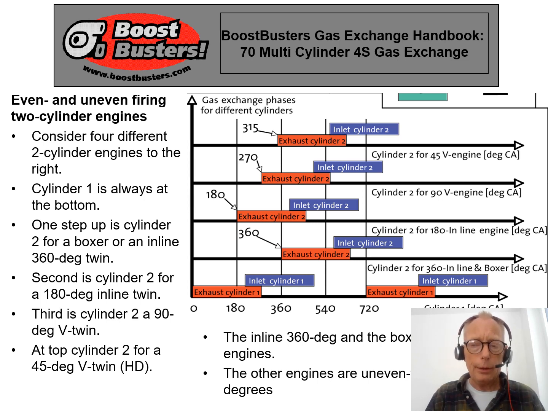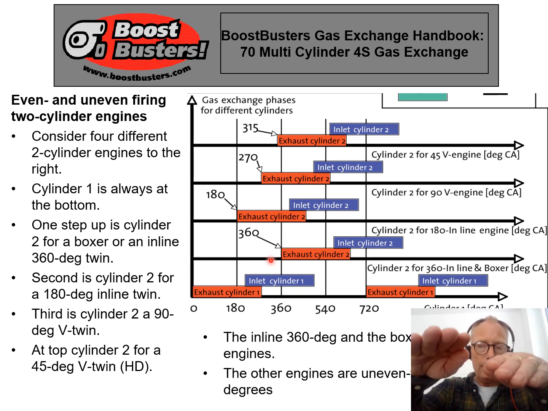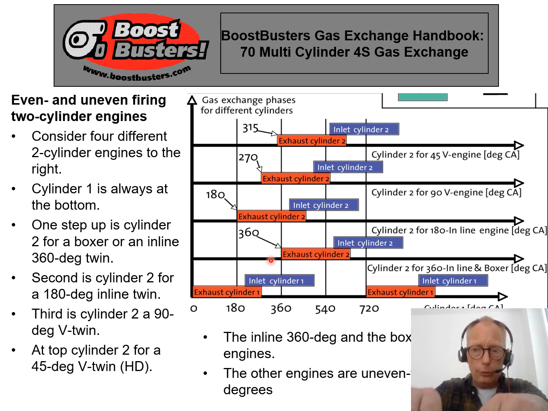But before I do that, I will also present the diagram you have in front of you, because it's a little bit different from the diagrams you have seen before. Cylinder 1 is represented on the lowest horizontal axle. This is crank angle rotation. Cylinder 2 would be cylinder 2 in an inline 360 degree 2-cylinder engine. 360 degree means that you have 2 parallel pistons which will operate up and down together.